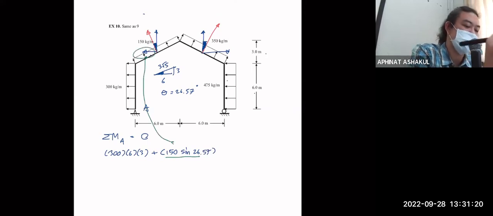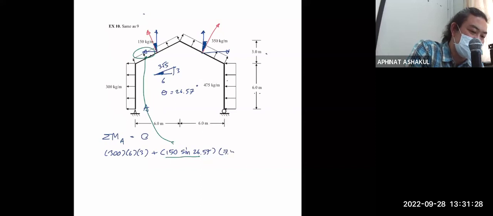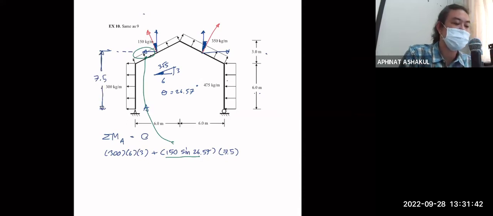Multiply by the moment arm, which is now 6 plus a half of that, so it's 7.5. That's where the load is, right? Okay.